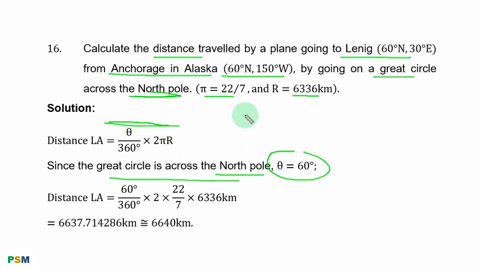Now, by default, the radius of the earth is 6,400 kilometers. But if you have any other value given to you in the question, you work with that value, not the default value. When you have no value given at all, you can use the default value. Hence, we have it in this form.